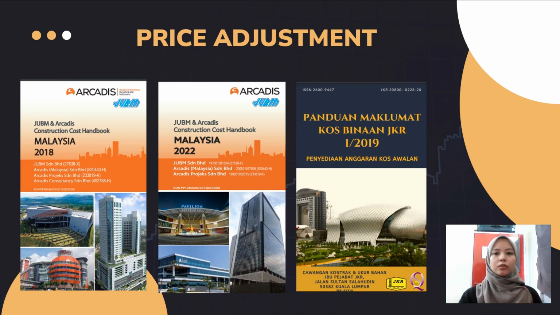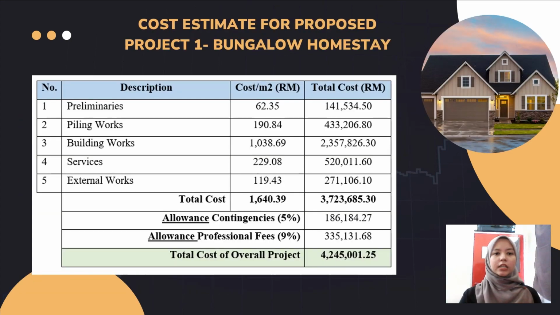Kos Binaan JKR 2019. As shown in the figure here, the total cost of proposed project 1, which is a 10-unit single-story bungalow homestay, is approximately 4.2 million, including 5% contingency and 9% professional fees.